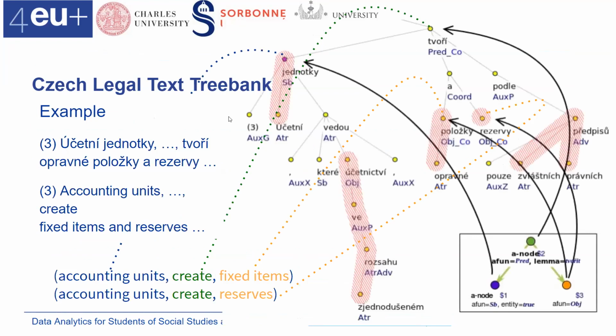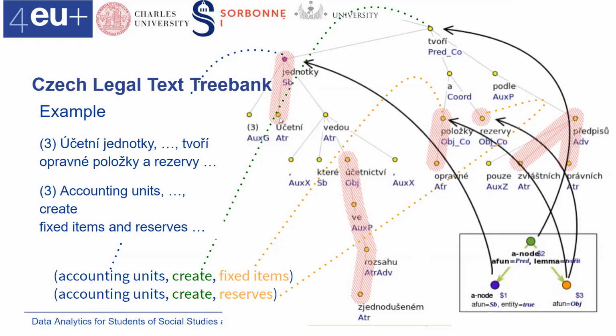Here I illustrate a dependency tree, or at least part of it, for some sentence. And you can also see the annotation of entities, accounting units, and so on, in the nodes with the red background.